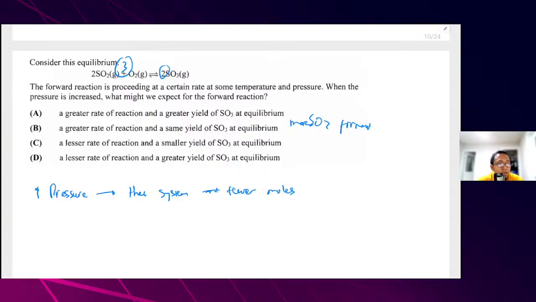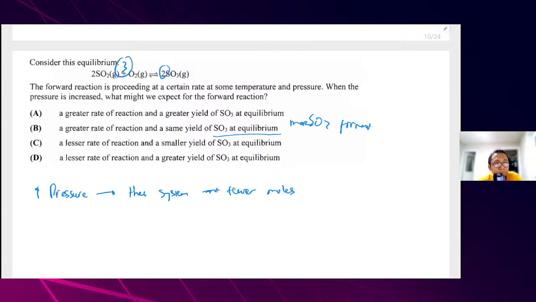That's equilibrium. And how about the reaction rate? This is about the equilibrium concept. Remember, if we increase the pressure, the system will move toward the fewer moles of gas, which is the 2SO3.